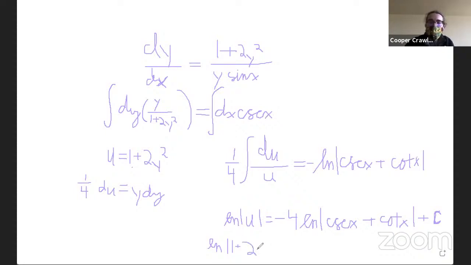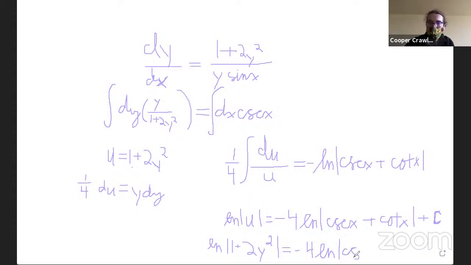This is getting progressively worse to read, so I'm going to rewrite this y so that it's not quite as bad. Perfect. So natural log of the absolute value of 1 plus 2y squared equals -4 times the natural log of the absolute value of cosecant of x plus cotangent of x plus c.